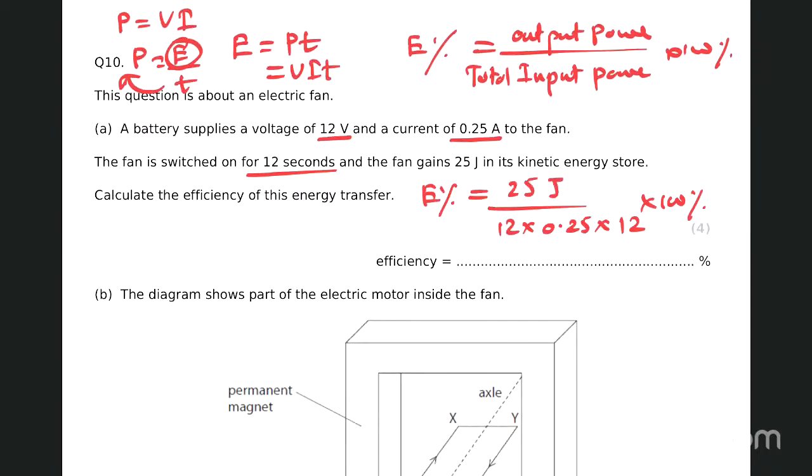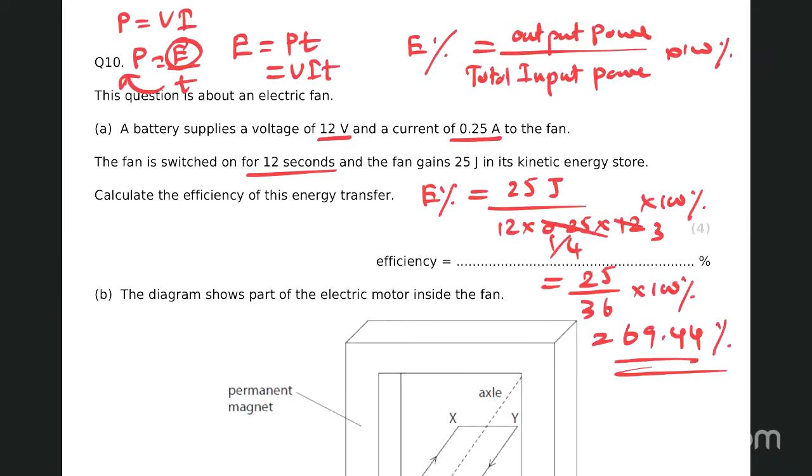Here you can get, this is going to be 1 over 4, here it is going to be 3, which means 25 over 36 multiplied by 100. The value is going to be something like 69.44%, right? 69.44.